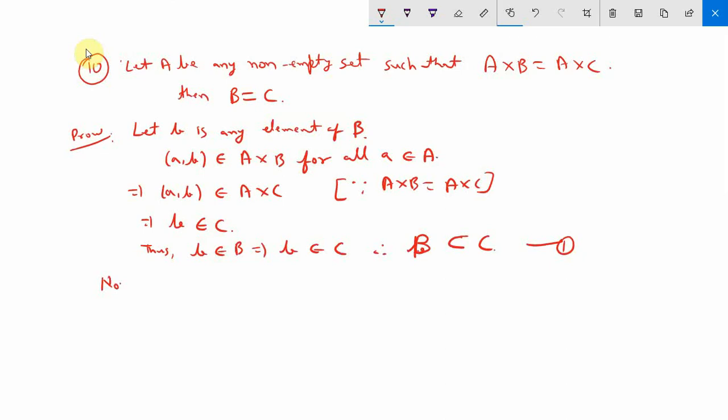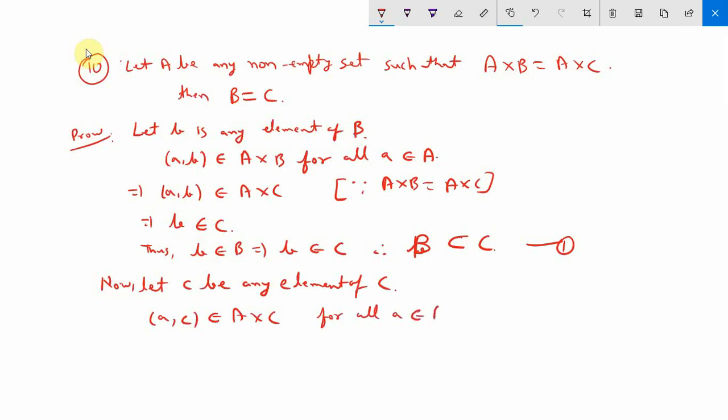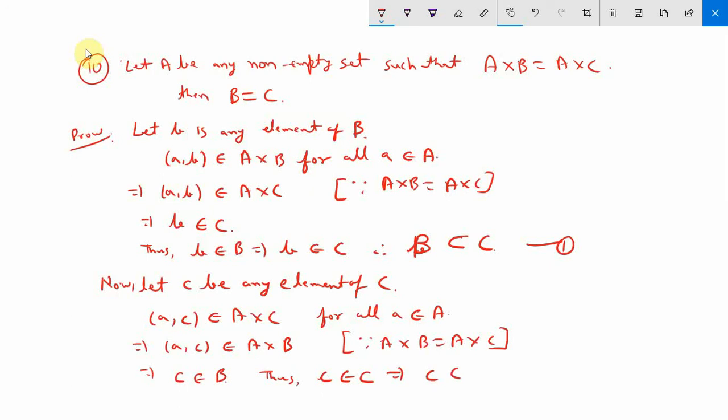Next we consider, let c be any element of set C. So we can write (a, c) is an element of A × C, for all a an element of set A, and this we can write (a, c) is an element of A × B, as it is given A × B equal to A × C. From this we can write c is an element of B. Thus c is an element of set C implies that c is an element of set B also.